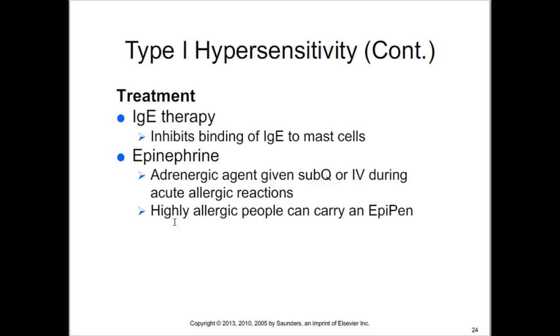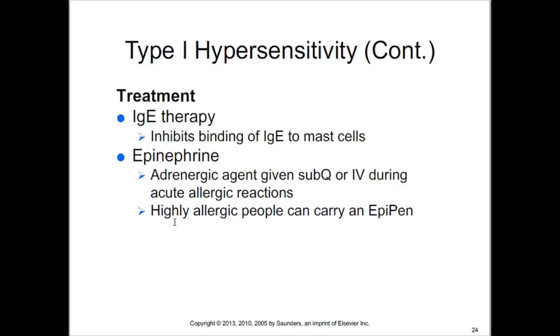Right, so in the longer term, IgE therapy also inhibits binding of the IgE to the mast cells. And then epinephrine, given subcutaneous or IV during acute allergic reactions. So why do highly allergic people carry an EpiPen, right? Because epinephrine is a bronchodilator.